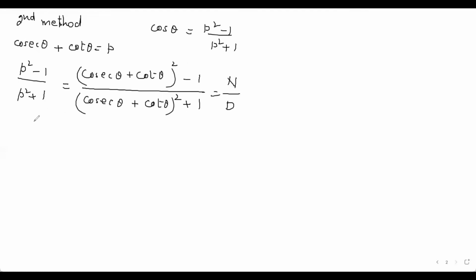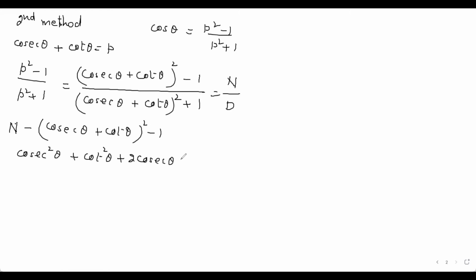I'm going to solve this numerator and denominator separately. Let me solve the numerator first. Now apply the identity (A plus B) whole square. So this is cosec square theta plus cot square theta plus 2 cosec theta cot theta minus 1. Now cosec square theta can be written as 1 over sin square theta.